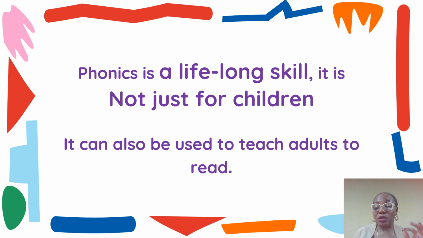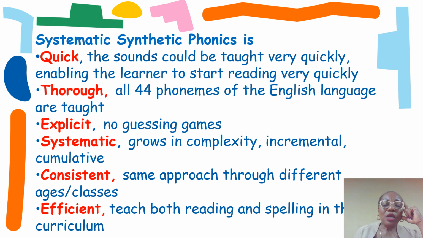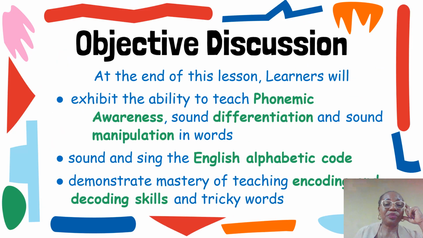Even as an adult, as a grown-up, you would still find yourself recurring to some kind of phonics skills when you need to do so. The advantages of using the SSP, I'm going over that again because it's important for you to know them. It is quick, it is thorough, it is explicit, it is systematic, it is consistent, and it's very efficient in teaching children and people generally how to read.